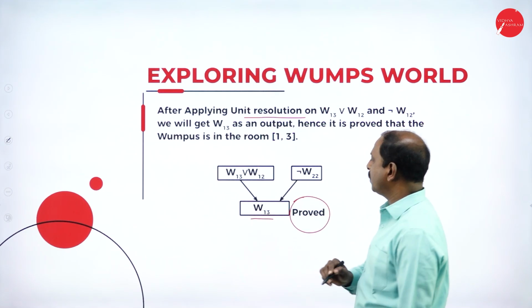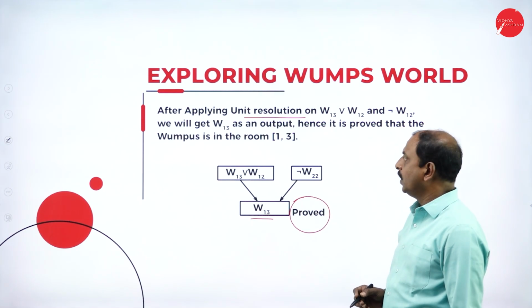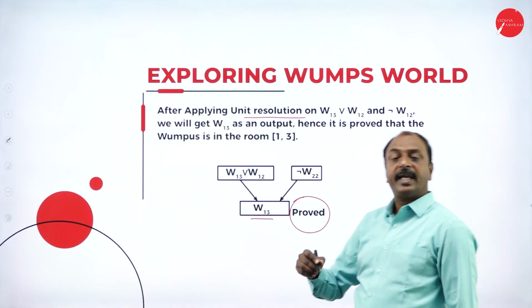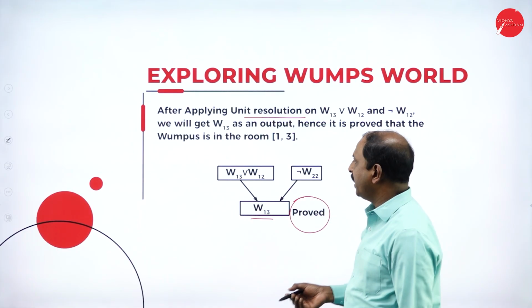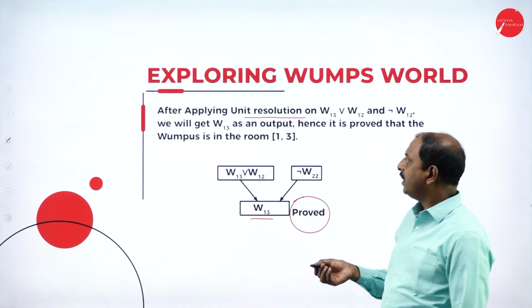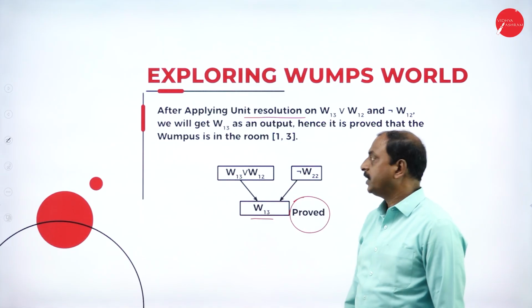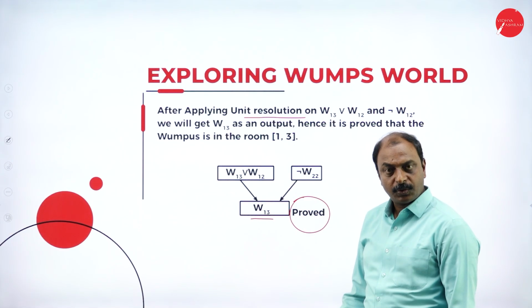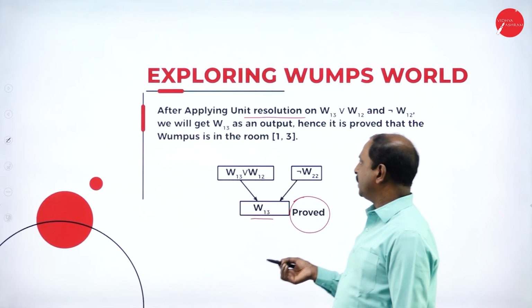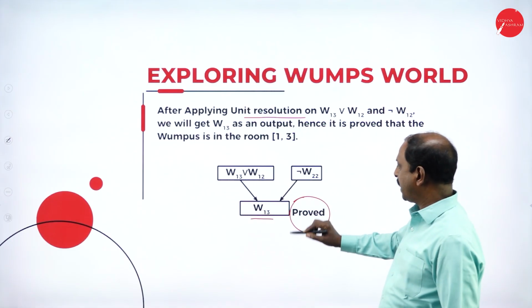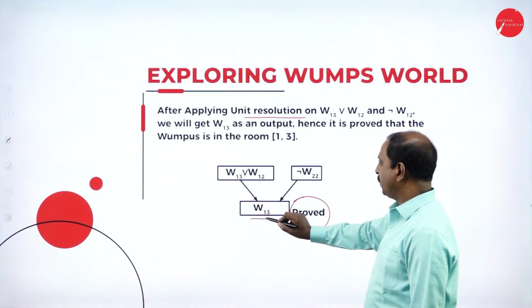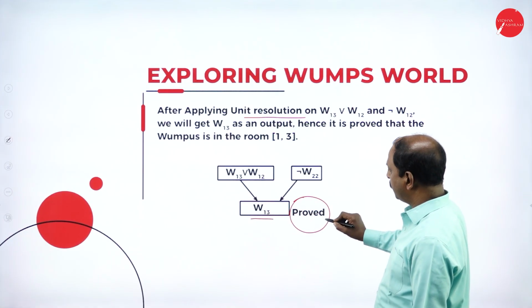W13 is the location of the Wumpus, that is proved. So this is how we are exploring the Wumpus world, and we are proving it by applying modus ponens rules and unit resolutions. So based on this concept, we have proved that the Wumpus will be there in the location 1,3.